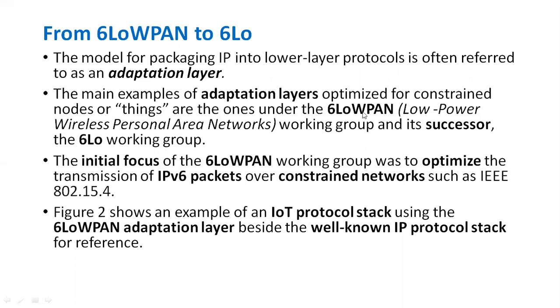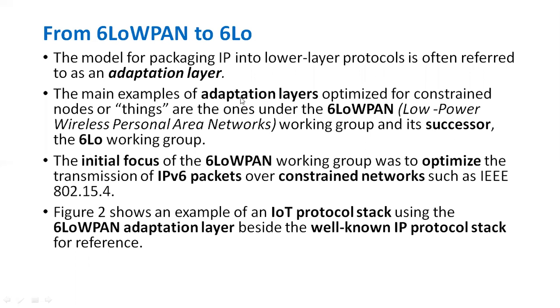Usually we call this protocol, or the set of devices using this protocol, the 6LoWPAN working group. Now we have to shift to its next successor, or its next version, or its next update. That is the 6LO working group.